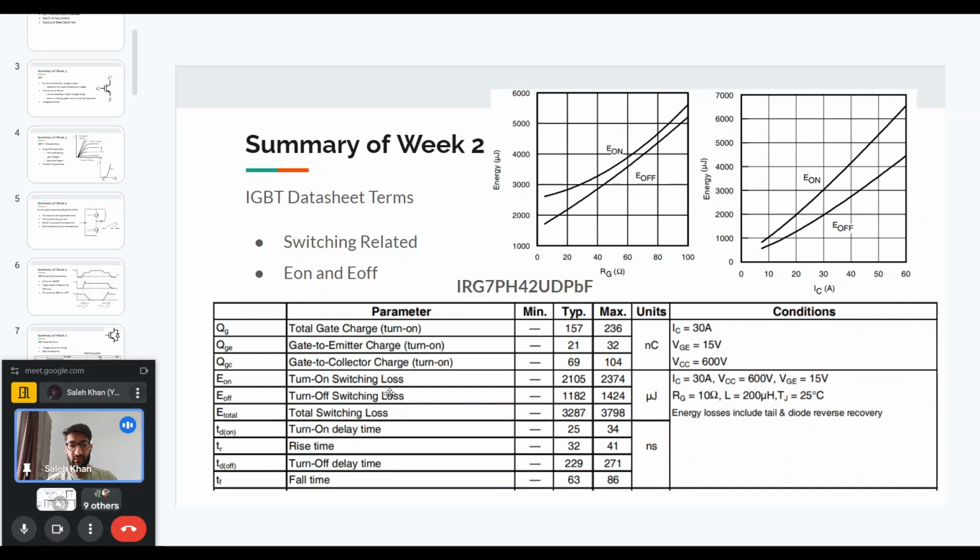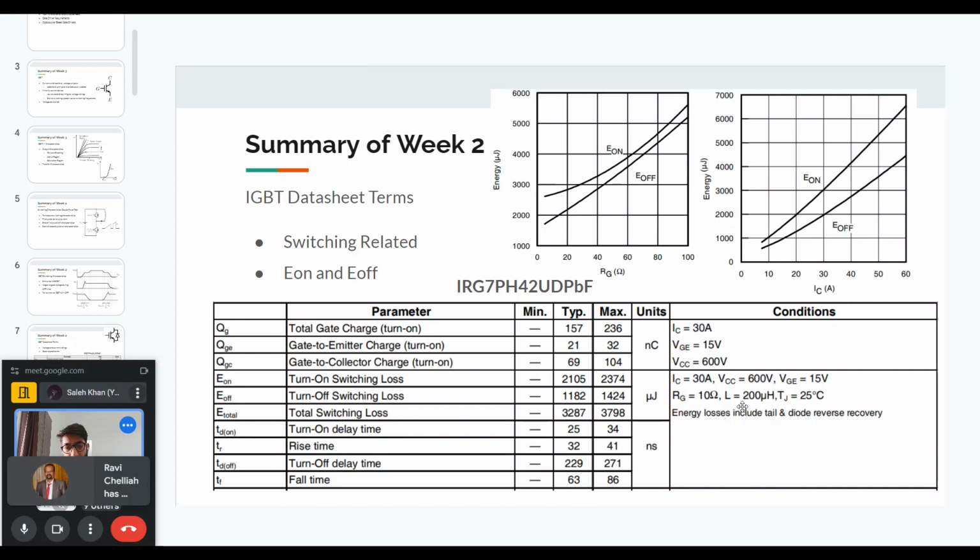And so we have 600 volt DC bus, there will be 30 amperes. The gate resistance is also given, which we'll see later on in the session. And this L is basically, if we talk about the double pulse test setup, then there will be an inductor.